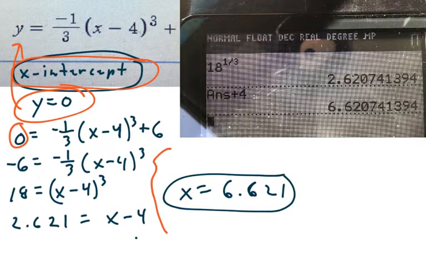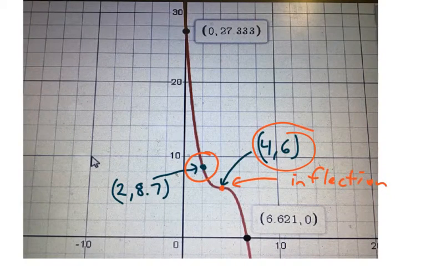And if you look to the right here, I did the cube root of 18. I end up having to add 4. 6.621 is my x-intercept. And if you look at the graph right down here, right there is where the graph crosses the x-axis, right? It worked.